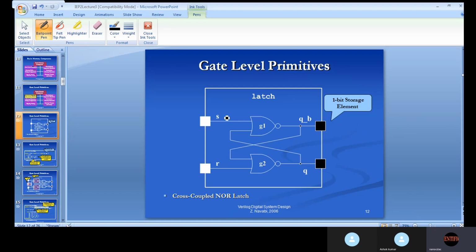Whatever the value is, it will be rotating in this latch, Q and Q bar. Here you can see only two gates are there, nothing else. This is called a gate primitive.